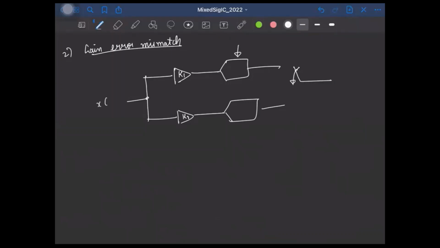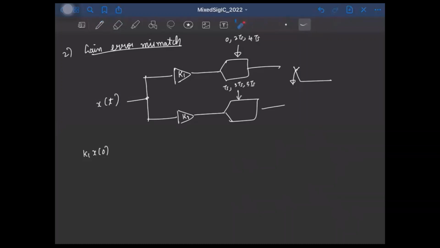So again, let's say I give a signal x of t. What will happen? The first ADC will give out output samples like this. So it will be k1 times x of 0. Again, remember, this is sampling at 0, 2Ts, 4Ts. This is sampling at Ts, 3Ts, 5Ts. Right?